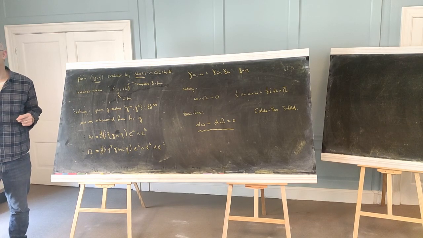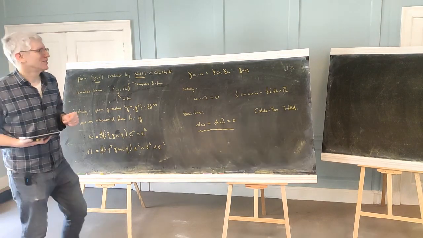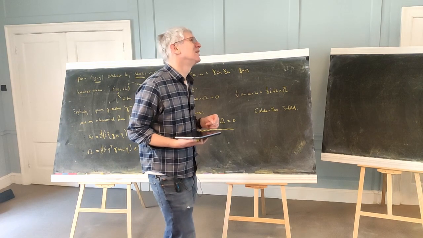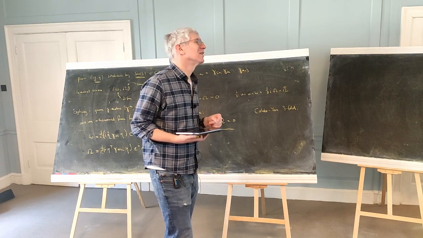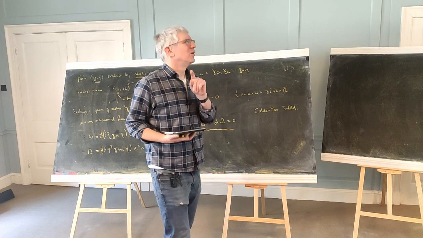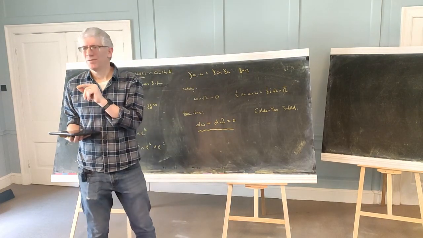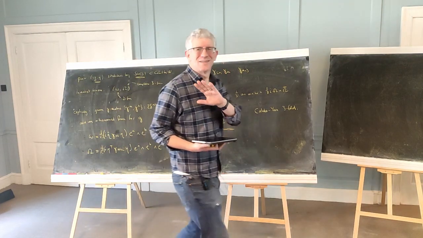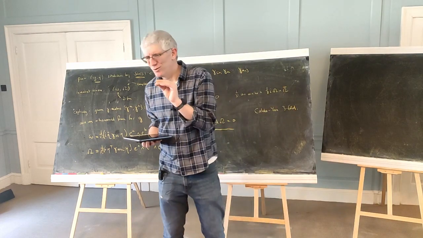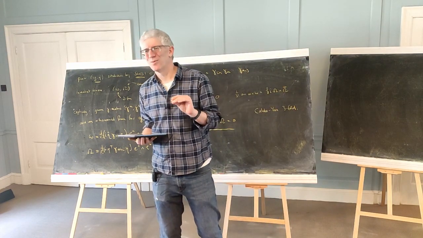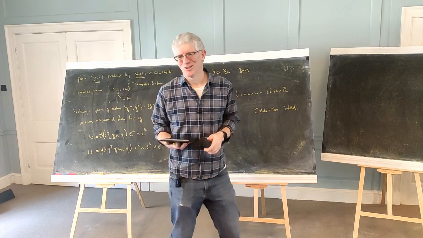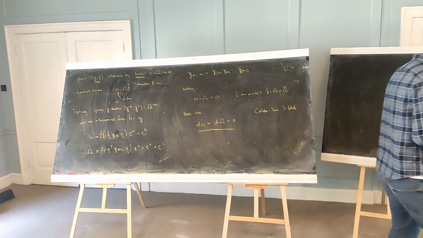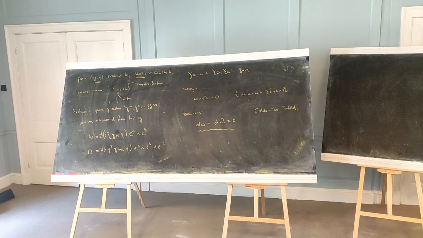When we talk about Sasaki-Einstein manifolds, that's true, but up to some discrete group, which almost always you don't have to worry about. Sorry, that wasn't a very helpful answer.